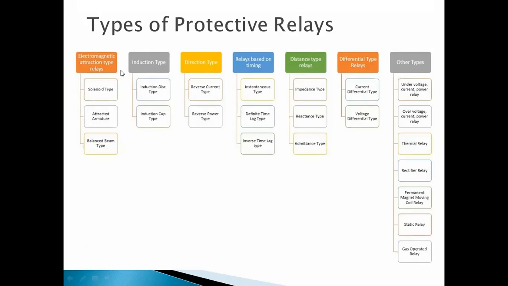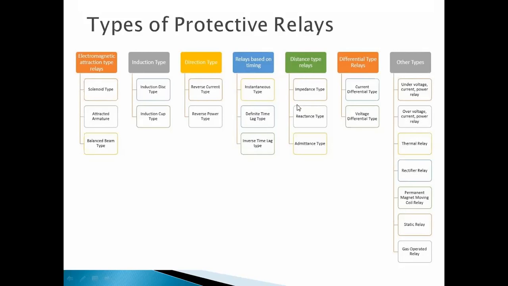Then induction relays we have seen, which are of two types: induction disc and induction cup type relays. Then directional relays, that is the reverse current type and reverse power relays. Then relays based on timing are instantaneous, definite, and inverse time lag. So we have seen.